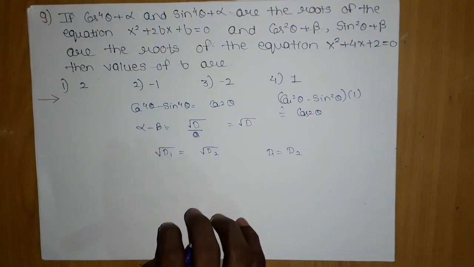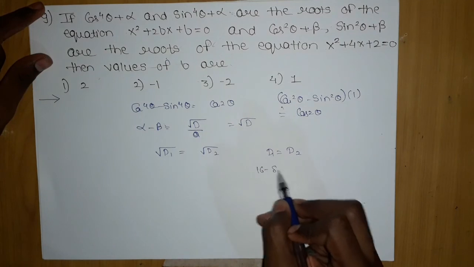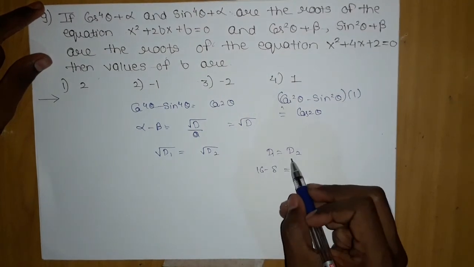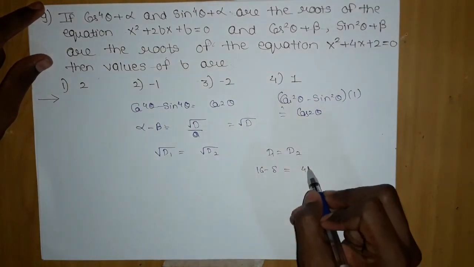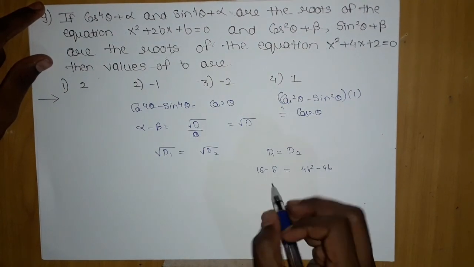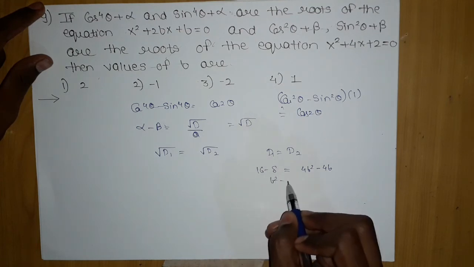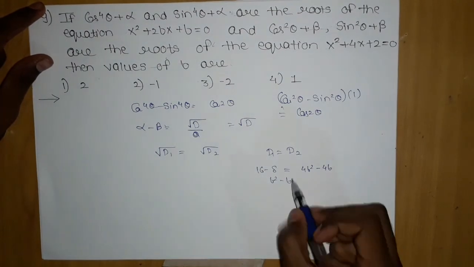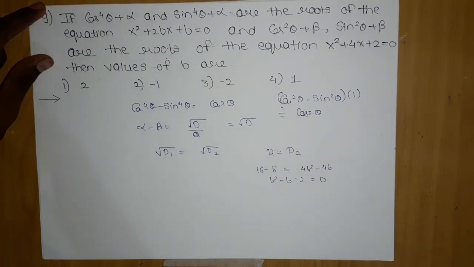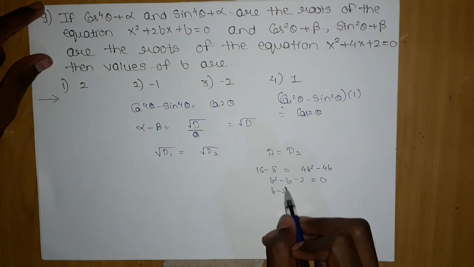Let me get its D, which will be 16 minus 8. And here its D means 4b square minus 4b. If I take this 8, it will cancel out: b square minus b minus 2 should be equal to 0.